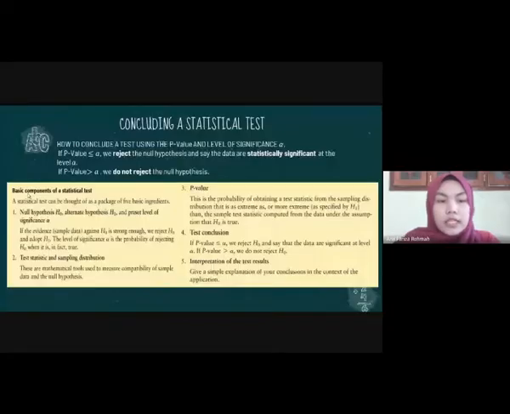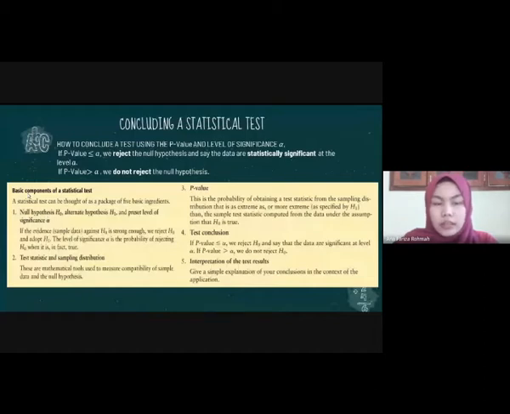The level of significance alpha is the probability of rejecting the null hypothesis when it is in fact true. And two is the test statistic and sampling distribution. These are mathematical tools used to measure compatibility of sample data and the null hypothesis.